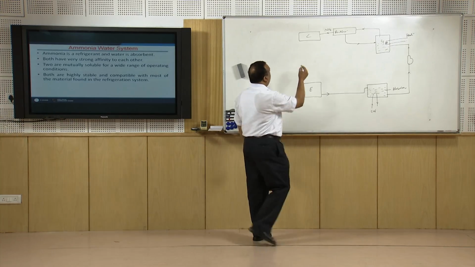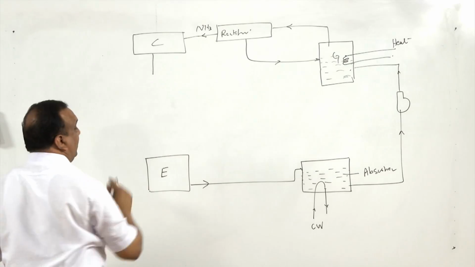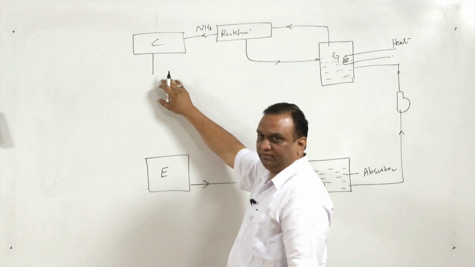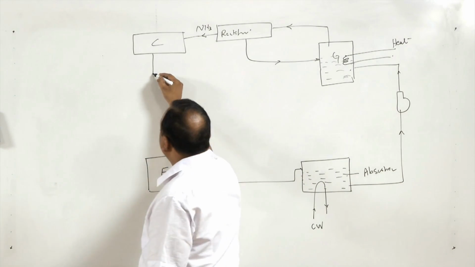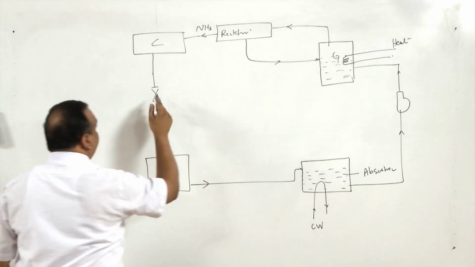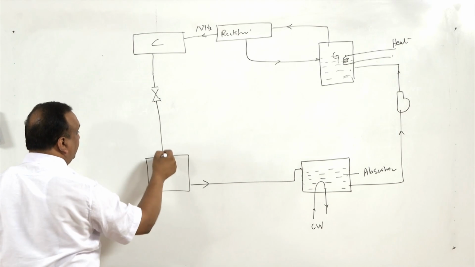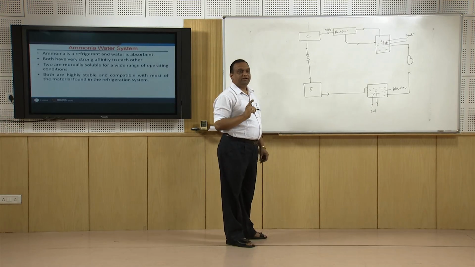At the exit of the condenser, we have high pressure liquid at low temperature, as normally happens in a vapor compression system, and after that expansion of this ammonia takes place. This is anhydrous ammonia, and after expansion it enters the evaporator.